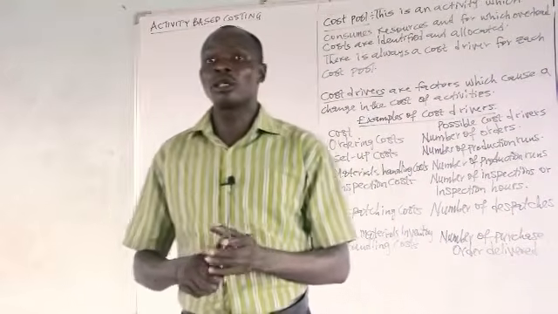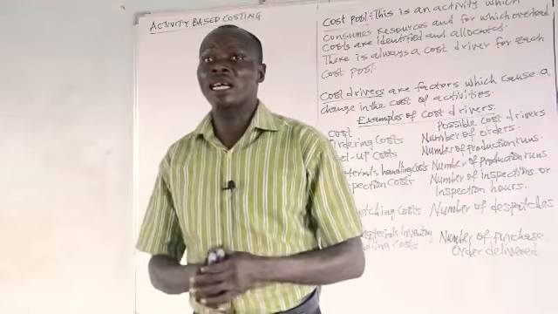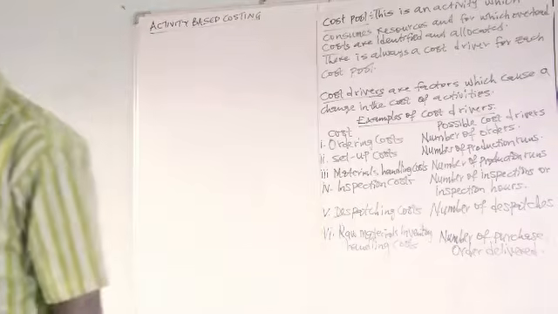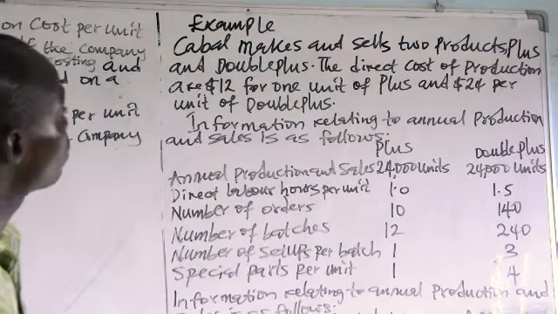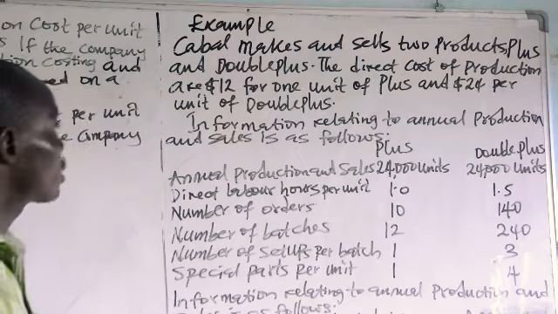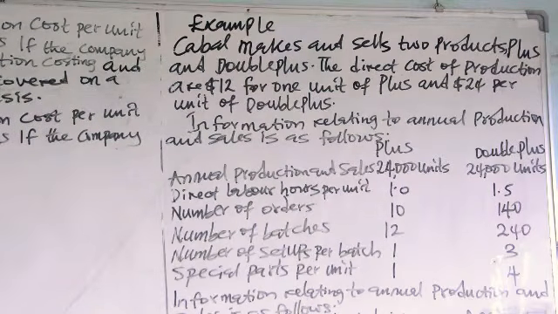The question I'm going to take now is obtained from the ACCA study text by Kaplan, F5, ACCA. Example: Kaban makes and sells two products, Plus and Double Plus. The direct cost of production is $12 per unit of Plus and $24 per unit of Double Plus.